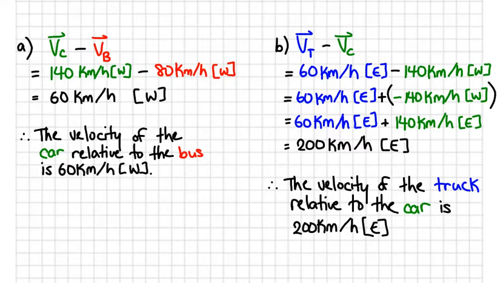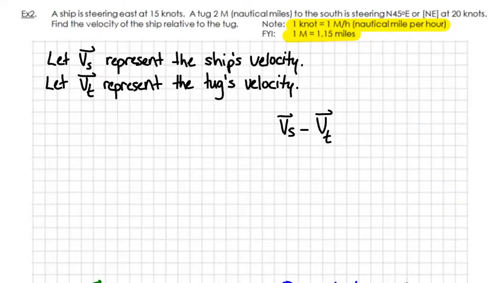Okay, let's try example number 2. This is going to be a little bit trickier, mainly because we aren't talking about land vehicles anymore. We're now talking about water vehicles, and so we have different units.